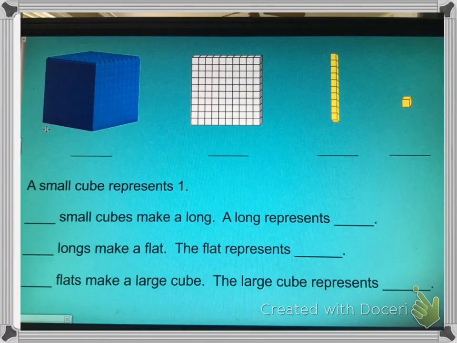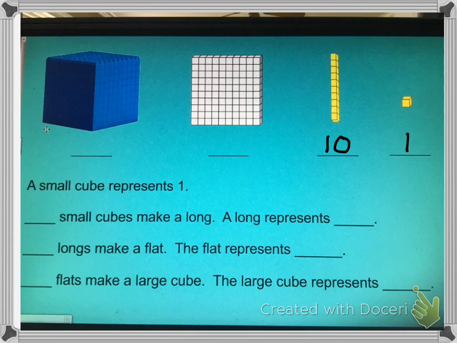Now in class, we will work with manipulatives that represent our base 10 digits. The small individual cubes represent ones. The longer sticks, sometimes called longs, sometimes I call them 10 sticks, represent 10 of those individual cubes, or 10.